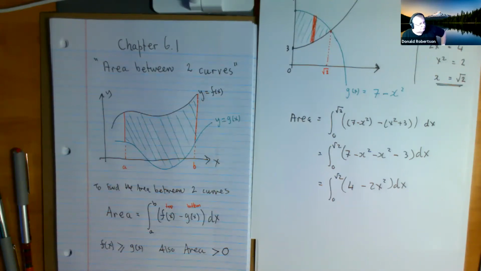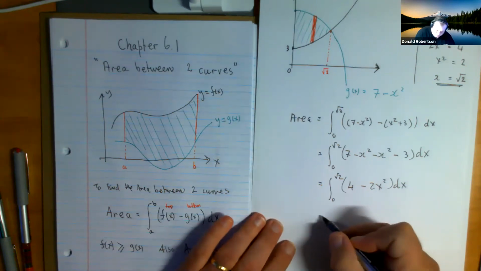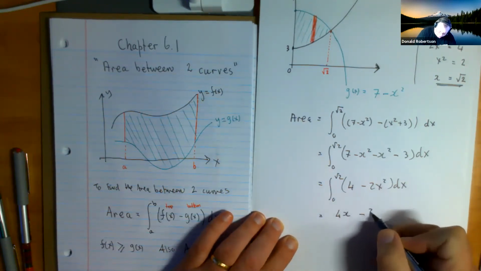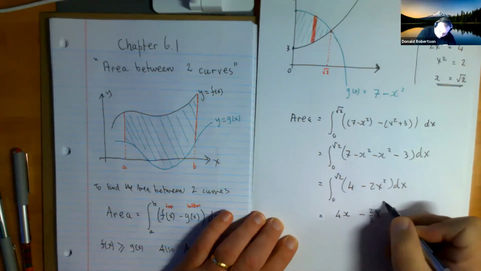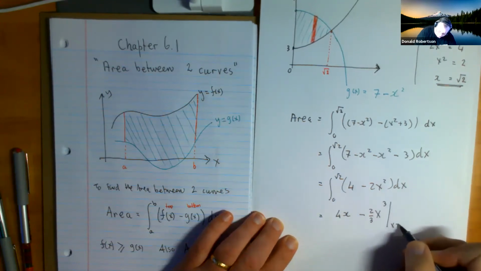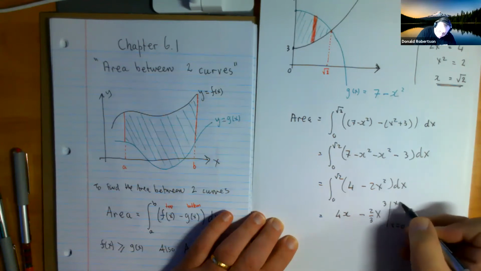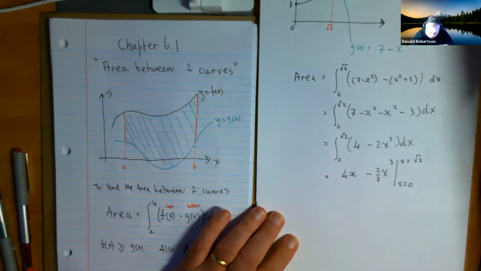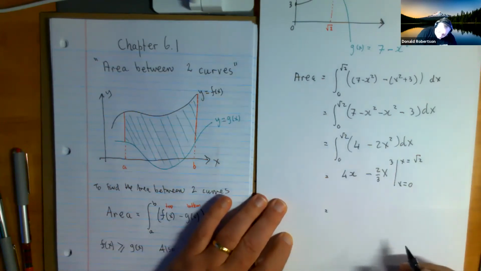We comfortable with that? Okay. The 4 becomes 4x. Add 1 to the power and divide by the new power. You get that. You have it from x equals 0 to x equals the square root of 2.